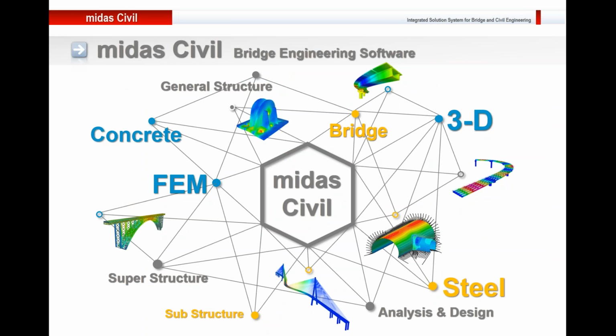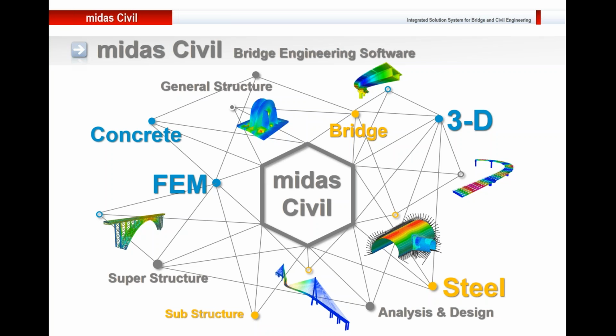MIDAS Civil is very focused on bridges, from modeling to design and load rating, but we also do general structures such as tunnels, and you can model a building in MIDAS Civil as well. Because we started from a finite element analysis tool, you can create a model freely, whatever it is.